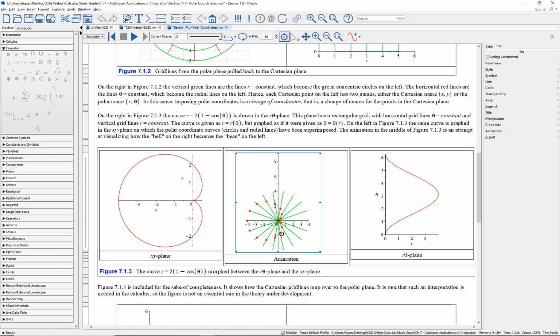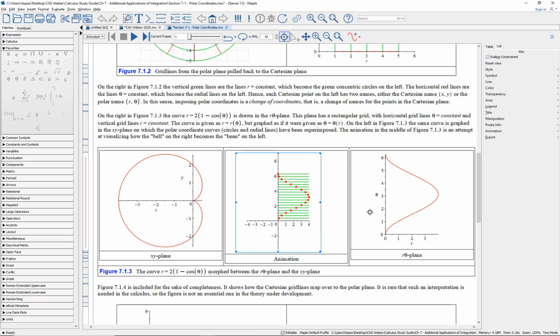If you look carefully, this is what it looks like in the Cartesian plane, right? This is the cardioid shape that you recognize in the Cartesian plane, and if it gets mapped over to the r theta plane, it will look like this, kind of like a bell on its side.